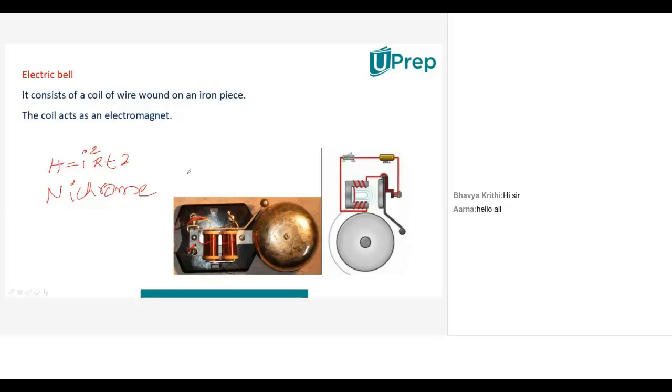When the magnetic material is attracted, it comes and touches this. When it touches it, what happens? Sound will be produced. The sound will come. That means it is used to produce sound by which method? Electromagnet method. Here the electromagnetic effect is used to produce sound, and this is called an electric bell. Okay, is it clear?